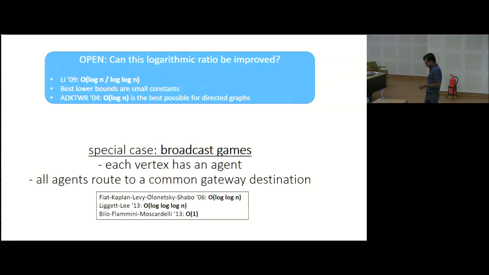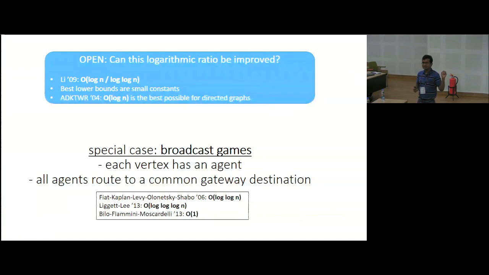Okay? So in the absence of progress, what do we do? Well, one of the things we can do is make the problem a little more specialized. In particular, one line of work that has been quite prominent is in what are called broadcast games. So what's a broadcast game? It specializes this general network formation game in two different ways.